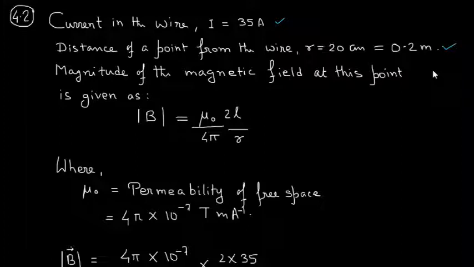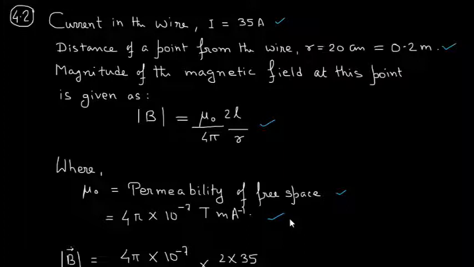Magnitude of the magnetic field at this point is given as modulus of B equals mu naught by 4 pi into 2I upon r, where mu naught is the permeability of free space, its value is 4 pi multiplied by 10 to the power minus 7 T m A inverse.